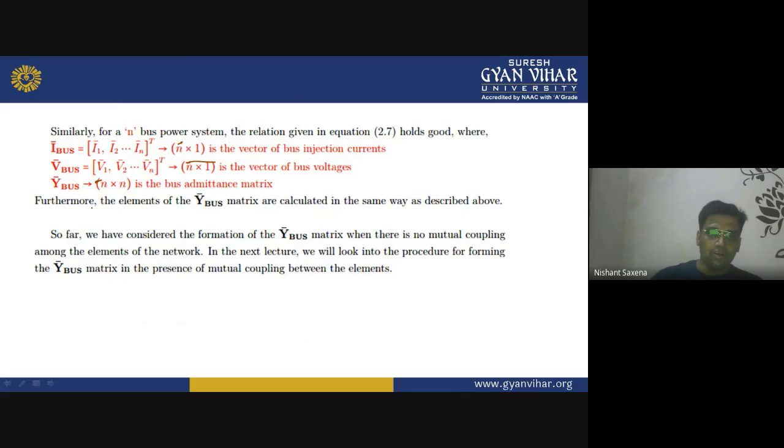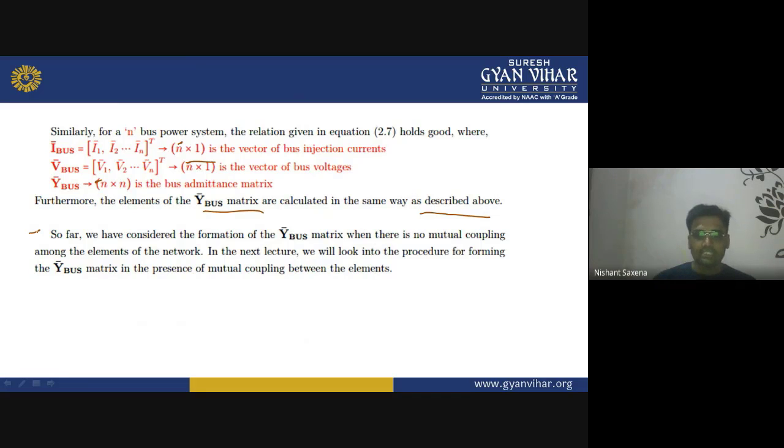The elements of the Y bus matrix are calculated in the same way as described above, as we have seen in the previous example. So far, we have considered the formation of the Y bus matrix where there is no mutual coupling among the elements of the network. There may be mutual coupling between two elements, but we have neglected it right now.